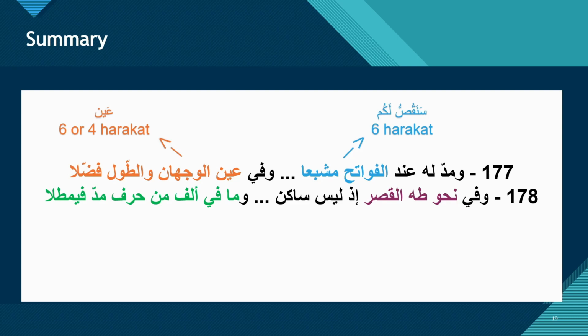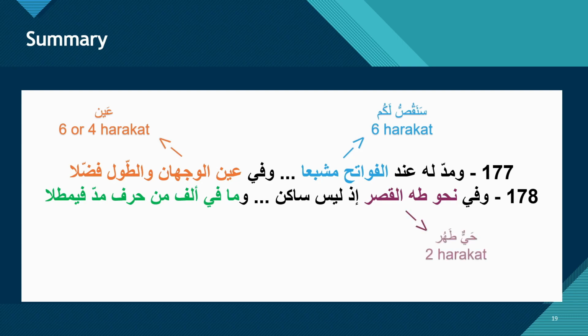And he said والطول فضلا, prolonging it 6 harakat is preferred. He continues on to say وفي نحو طه القصر إذ ليس ساكن. For the example of طه, or similar to طه, you shorten it to 2 harakat, إذ ليس ساكن, because there is no sakin after it for you to increase more than 2 harakat.